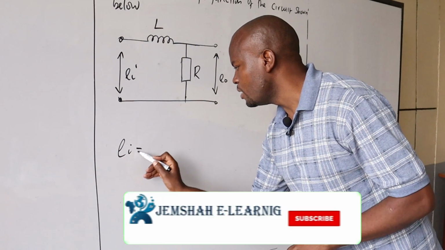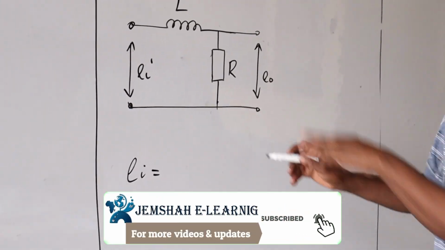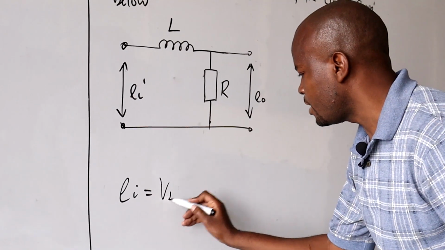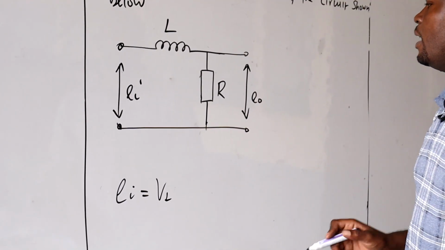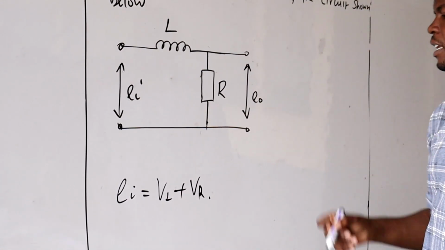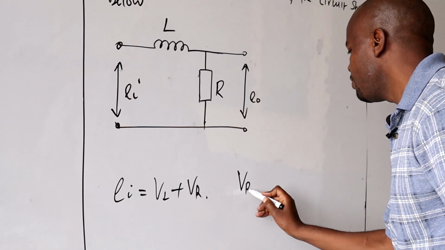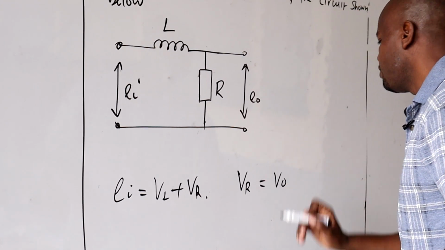And that one we can express as EI is equal to, in this case, the voltage as a result of the inductor, VL, plus the voltage drop at the resistor, VR, which is also the same as V out.